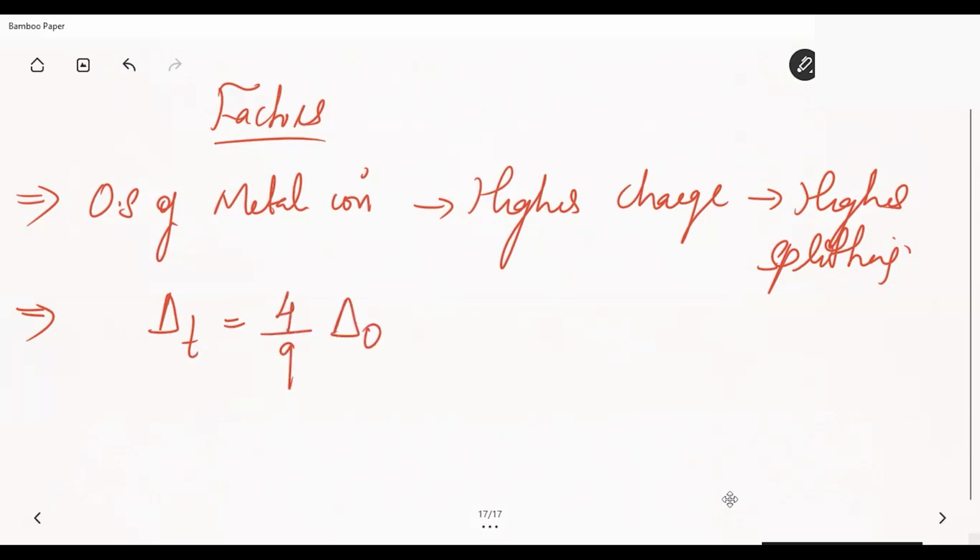This equation is very important because this will come in the MCQs. They will give different varieties in the exam, like 4 by 9, 5 by 9, 9 by 4, and you will get confused. So delta T is equal to 4 by 9 delta O. That is the main equation. Tetrahedral splitting is small compared to octahedral splitting. It is about 4 by 9 of delta O.